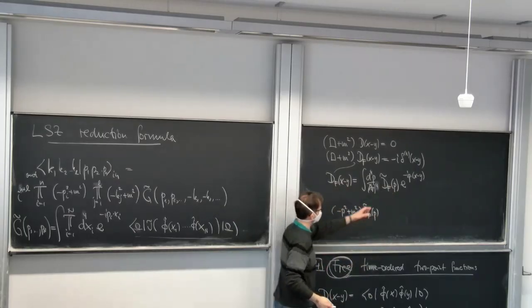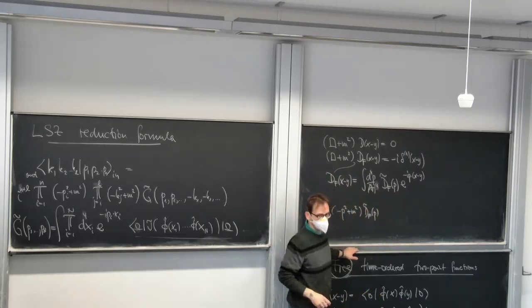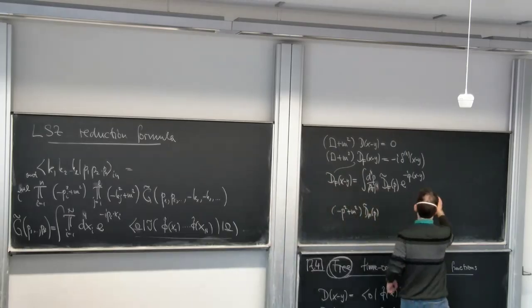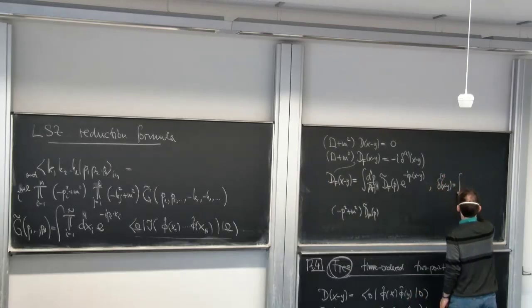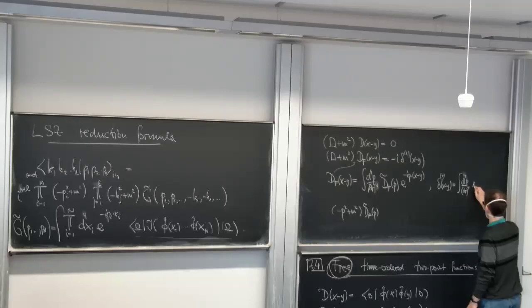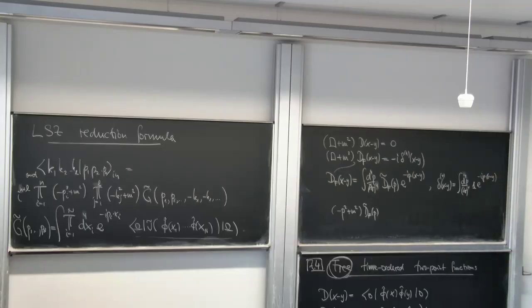On the right hand side we have this delta function, but the delta function we can also write as a similar integral, delta of x minus y equals the integral d^4p over (2π)^4 with 1 here, e to the minus i p times (x minus y).